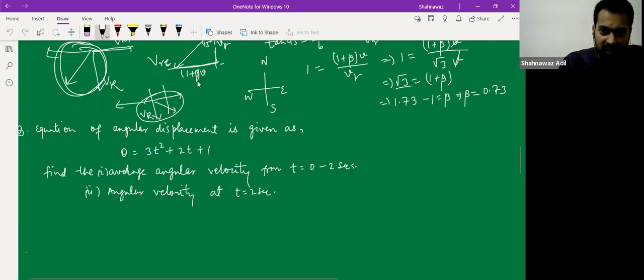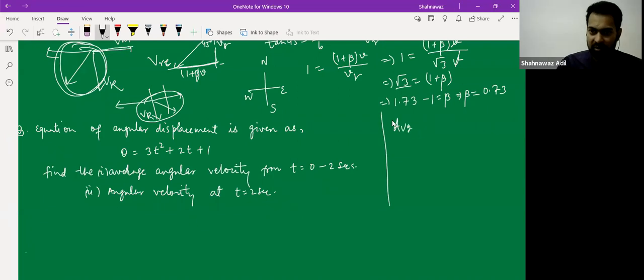Okay, so let's start and do some questions. The equation of angular displacement is given as theta, which depends upon time, and we have to find the average angular velocity from t equals 0 to 2 seconds. So what was the average angular velocity?